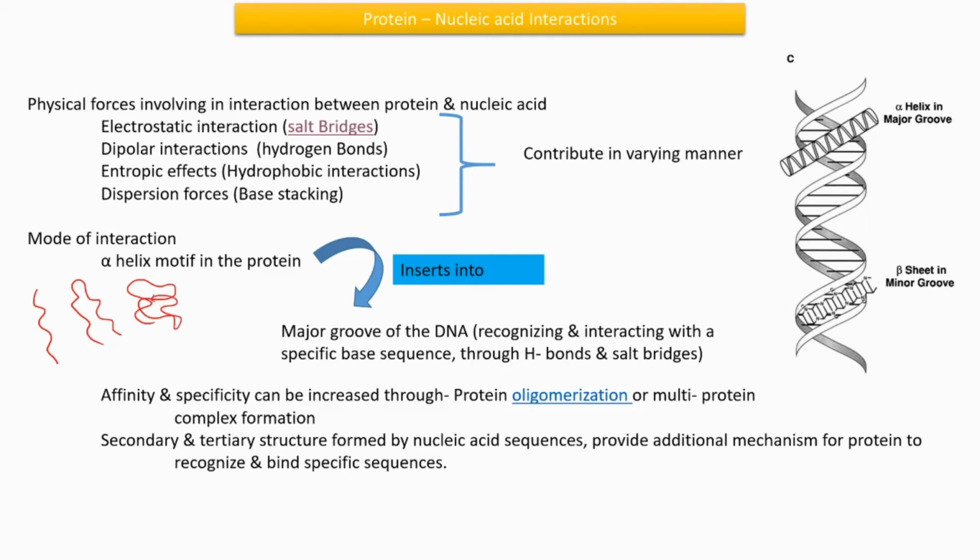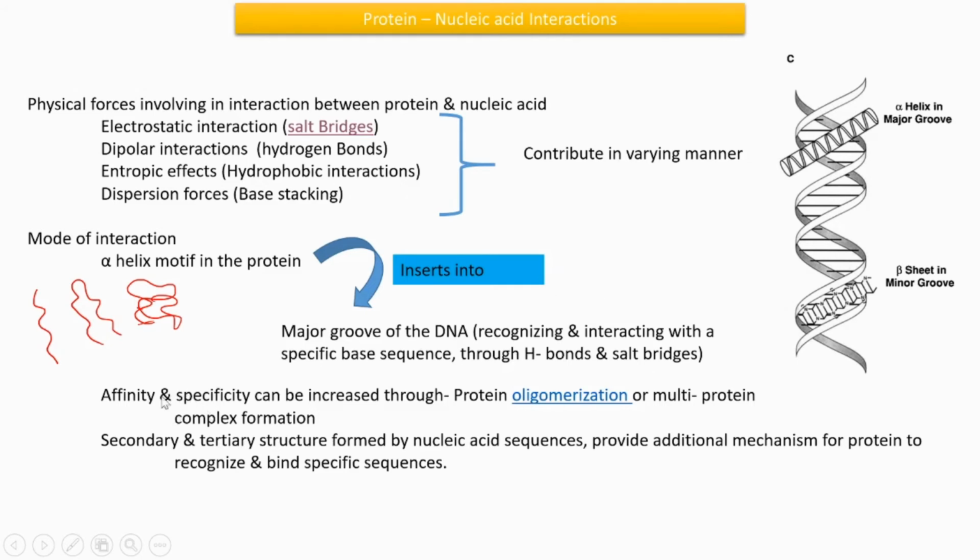Even if it is folded, some motifs, some regions are there in the protein, like the alpha helix motif in certain proteins. That region is inserted into the major groove of the DNA. This is a DNA. We can see that the alpha helix motif of the protein is inserting into the major groove of the DNA. In that way it inserts and then influences different functions of the nucleic acid.